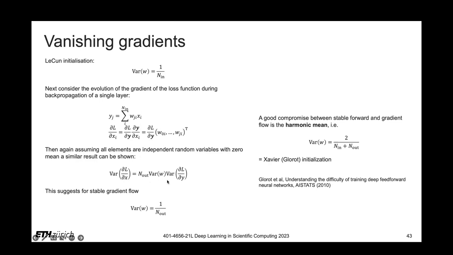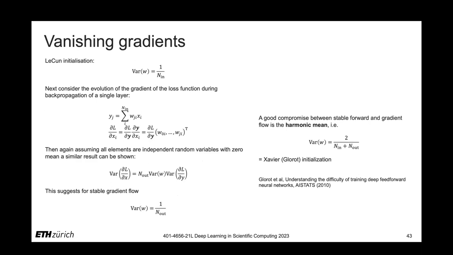Then you have a very similar relationship, but based on the gradients rather than the inputs and the outputs of the network. And the only difference here is that because we're backpropagating, we're going backwards, these variances depend on the number of outputs of the neuron rather than the number of inputs. And so then we end up with this expression: if we want the variance of the gradient of the input to be the variance of the output, we want the variance of the weights to be 1 over the number of outputs of the neuron.